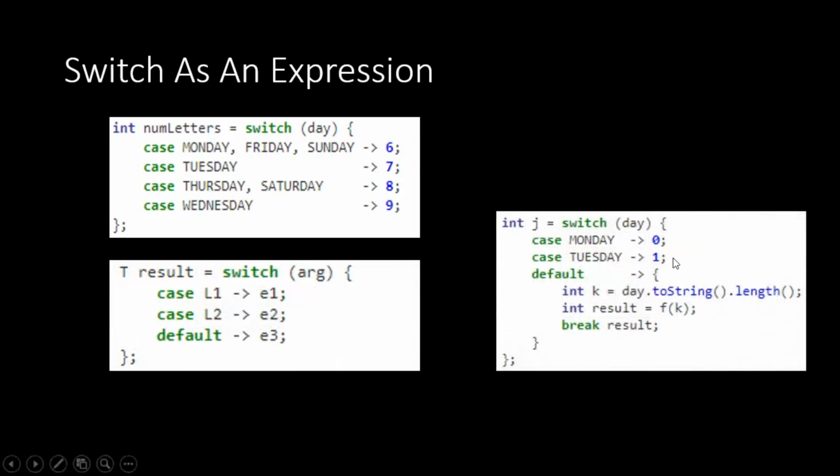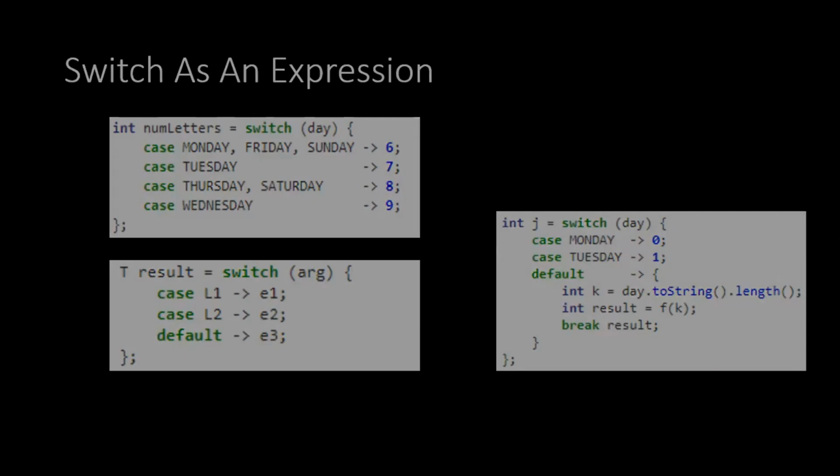You can also have a block which returns a result here. If you see the third one, here we can see the switch statement returning a result in the default block. These are a couple of cool features that are added to the switch statement or expression in JDK 12.